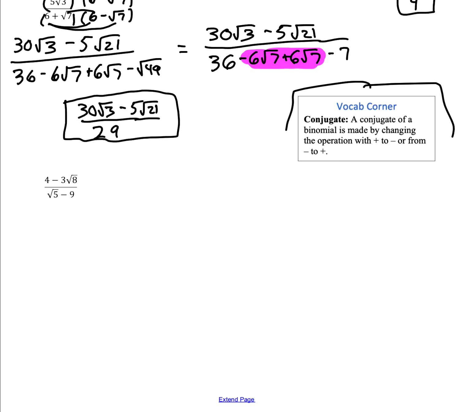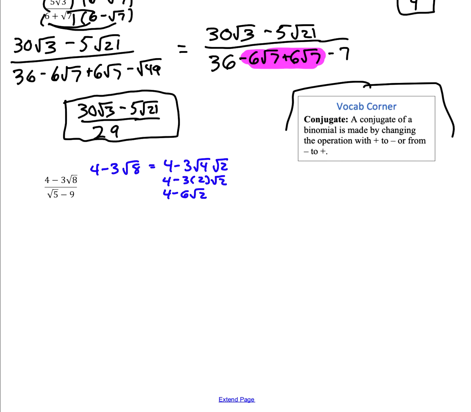So I know I need to change how this is written because I have an irrational denominator. But before I do anything, to make it easier on myself, I'm going to simplify all of the radicals first. Looking at that numerator, 4 minus 3 radical 8 becomes 4 minus 3 radical 4 radical 2, which then becomes 4 minus 3 times 2 radical 2, which is 4 minus 6 radical 2.